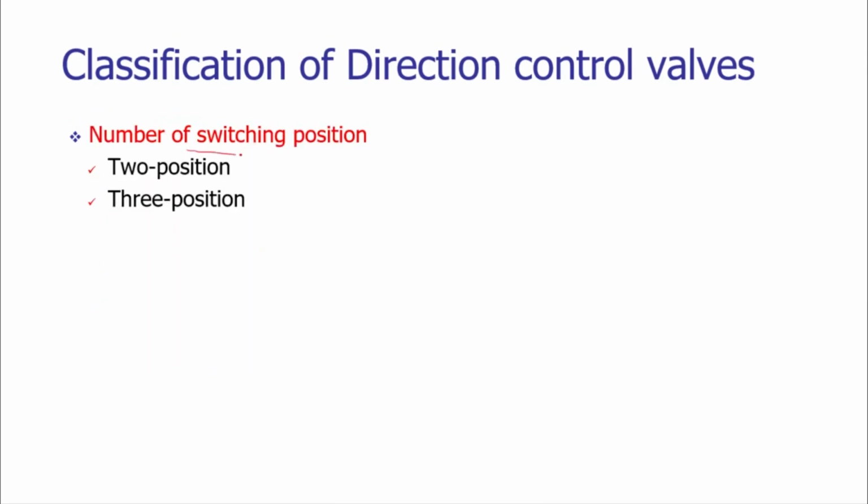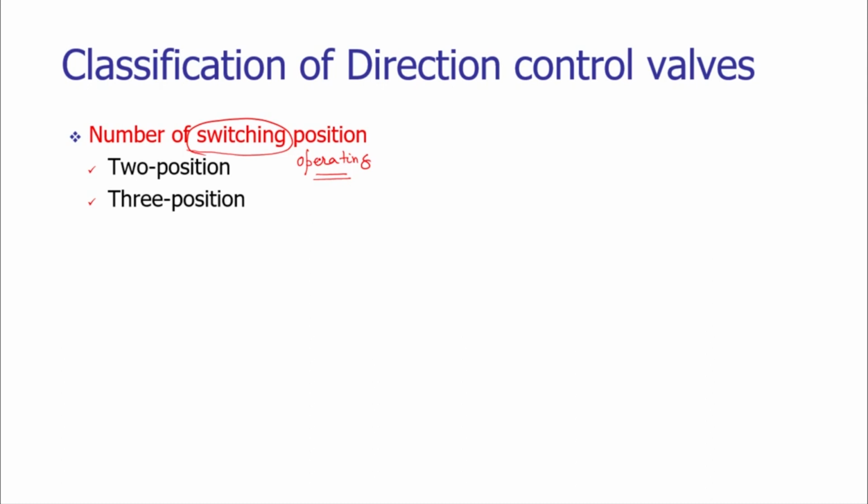The control valves are also classified based upon the switching position or the operating position. As we have seen in the previous slide, for actuation of a single acting cylinder, we need to have two positions. In the first position, the fluid is passing at the top side of the piston, and in the second position, the fluid should pass at the bottom side of the piston.